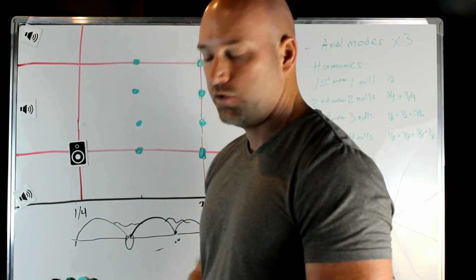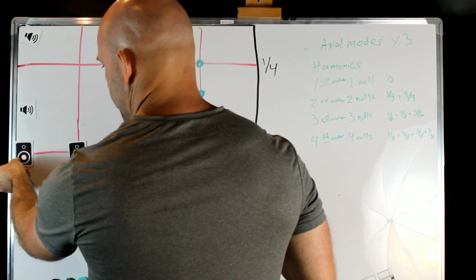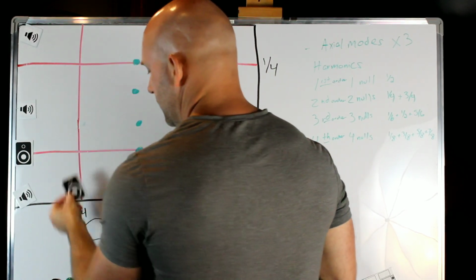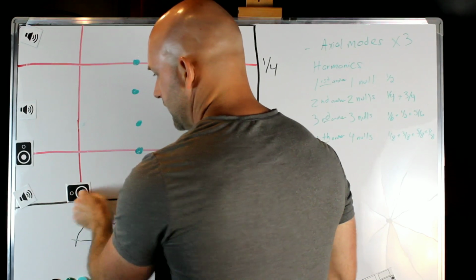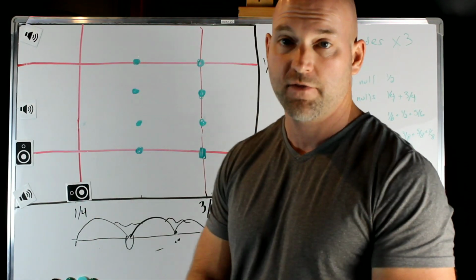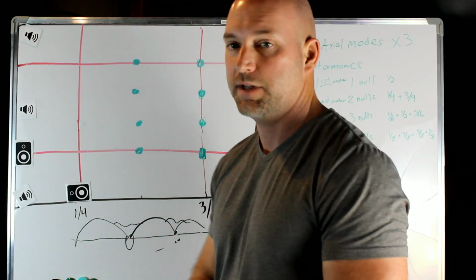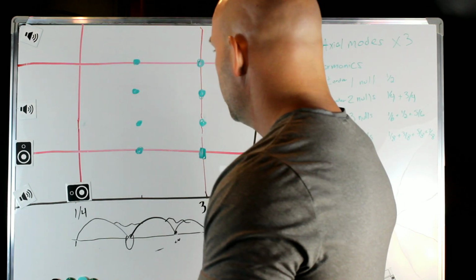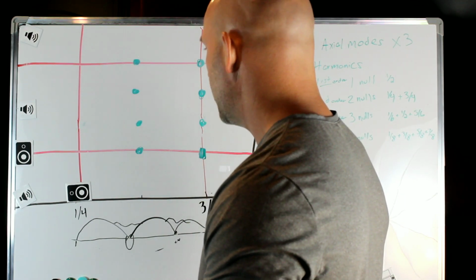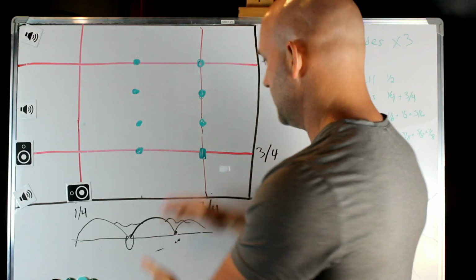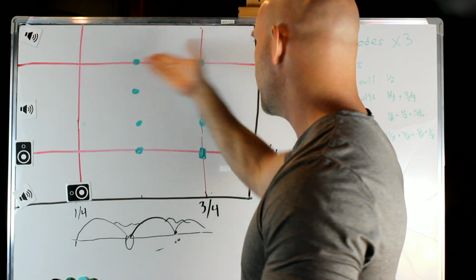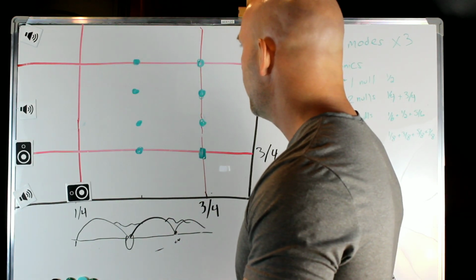So all we have to do is come 1/4 along the front wall and 1/4 along the side wall, and boom, now we have a virtual sub right there where we need it. And if you look at it, we could have done the same thing in the back of the room or on that side or the back here.